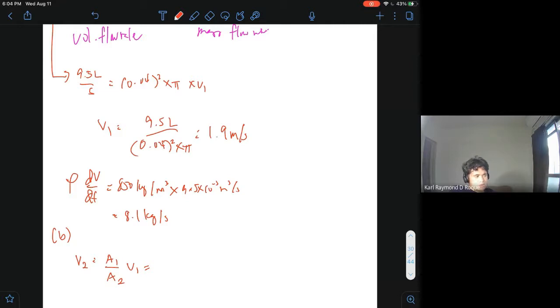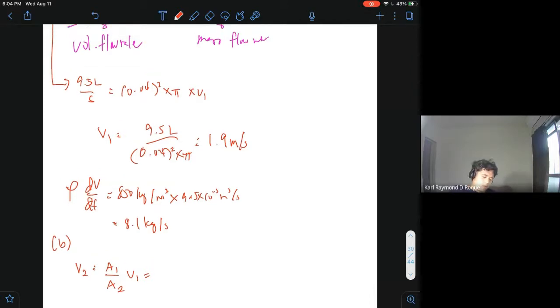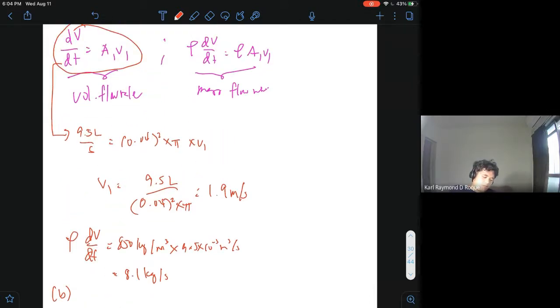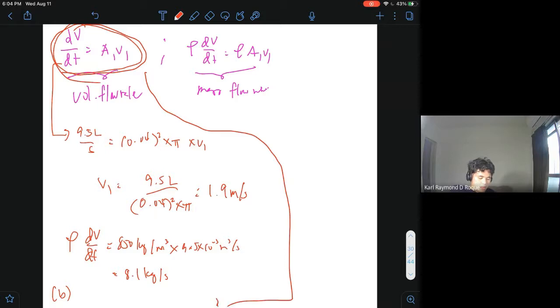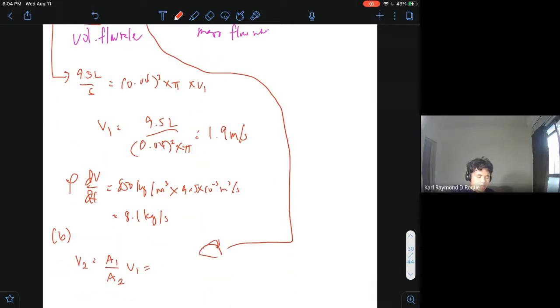So, is there another way to do this? Pwede mo rin gawin yung ginawa ko sa unang item. Bakit pwedeng gamitin to? Kasi, at any 2 points along the fluid, equal mass flow and volume flow rate.